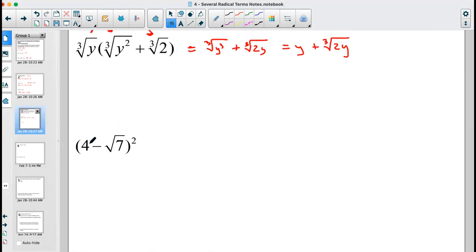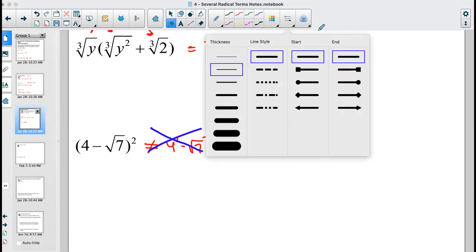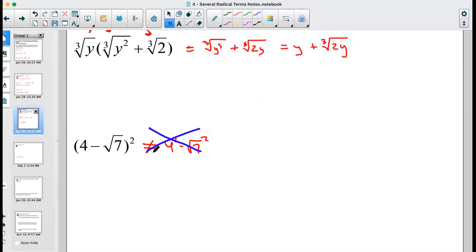And what I don't want you guys to do is think, this does not equal 4 squared minus root 7 squared. You cannot do that. Don't ever do that. Put a big X on it so you remember not to do that. I hesitate to write it down even. Really, the squared means times itself. So that's 4 minus root 7 times 4 minus root 7. Now we like FOIL, you get 16 minus 4 root 7 minus 8 root 7.